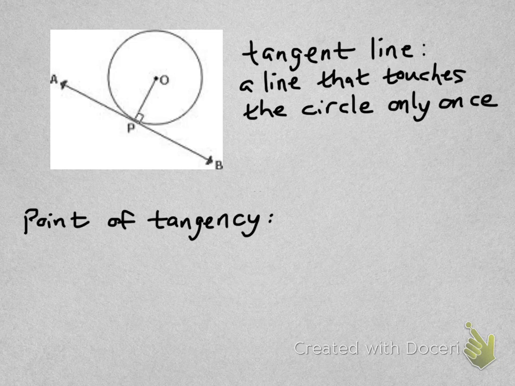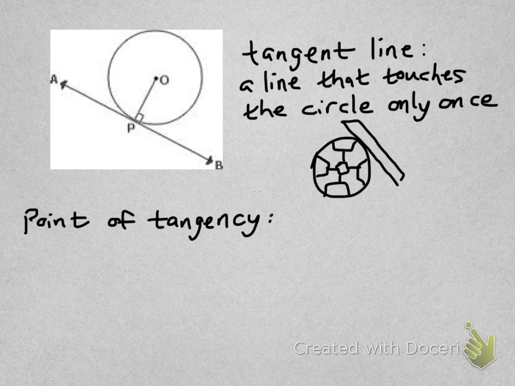So you can imagine a real world circumstance, like if I have a soccer ball, and this is going to be a terrible sketch of a soccer ball, and something like my coaching clipboard is resting on it. Well, it touches exactly once at this spot right here, right? So we could say this clipboard is tangent to the soccer ball, meaning it's only touching once, okay?